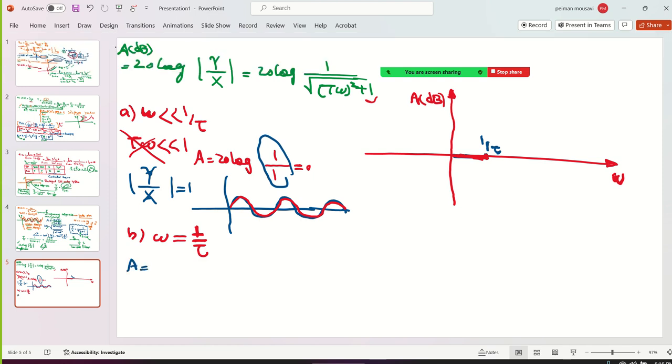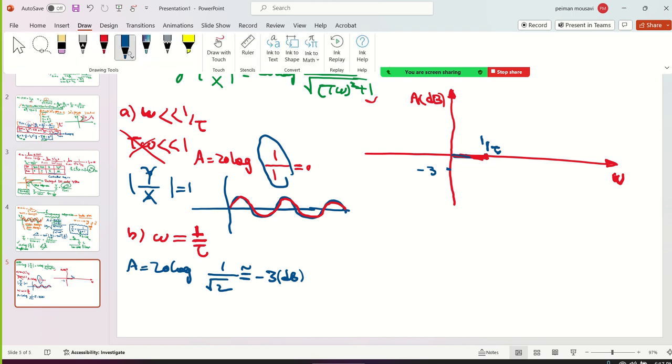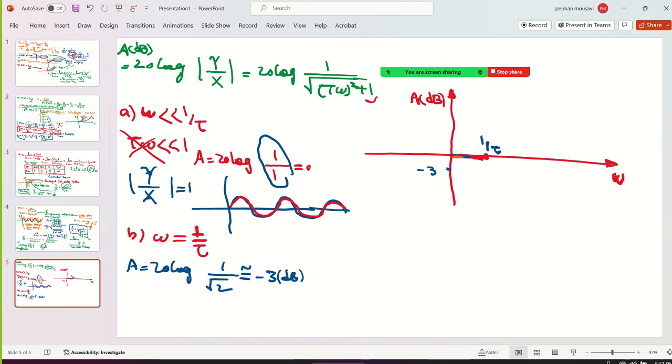Your A is going to be 20 log of 1 over root of (1 plus 1), which is root 2. You can use that, but I remember it is almost minus 3 decibel. So suppose that here is minus 3. Let me plot this. It is going to be like this, guys. See, here we go.